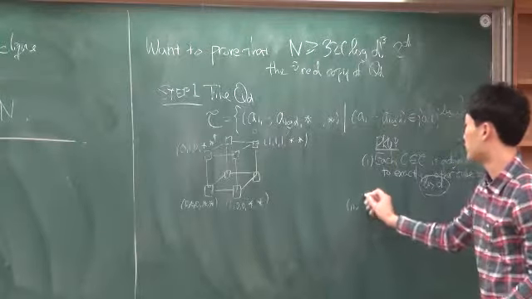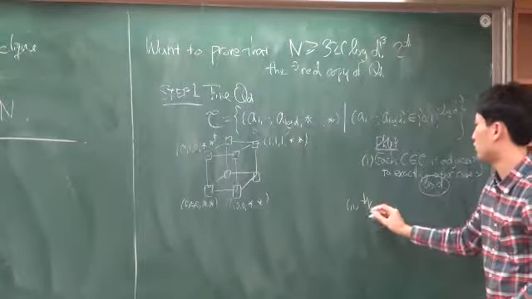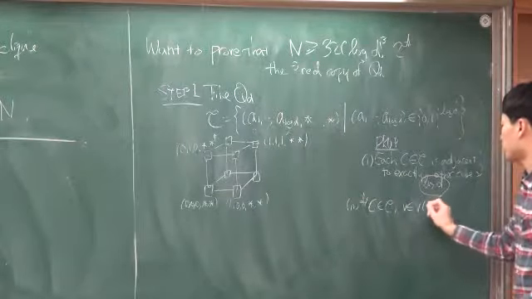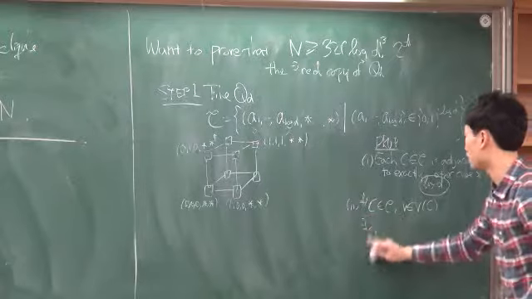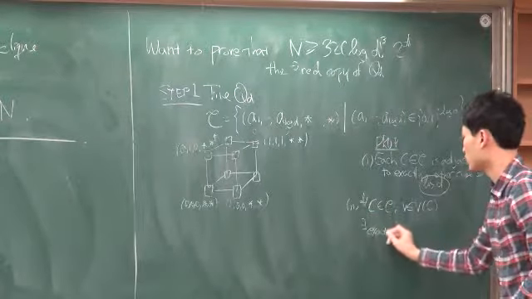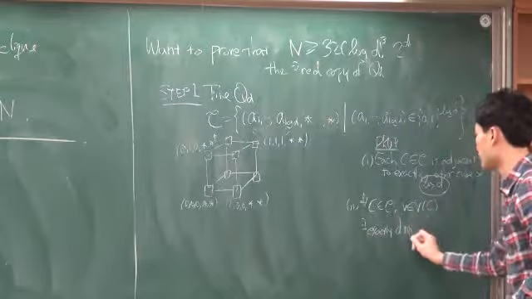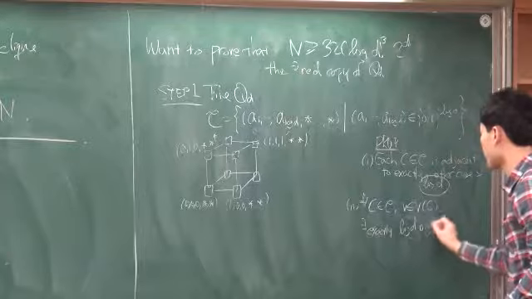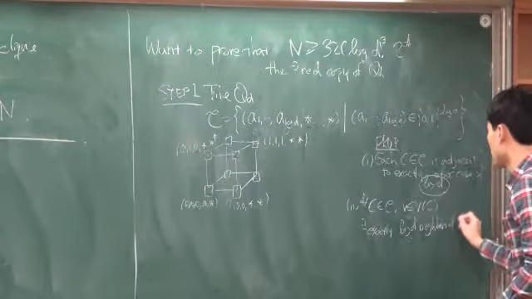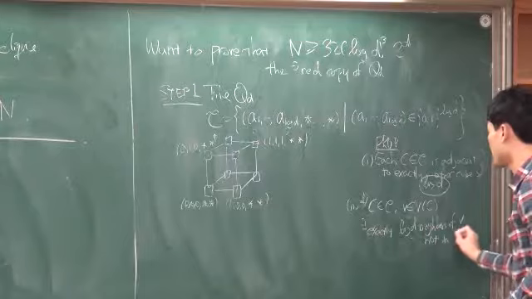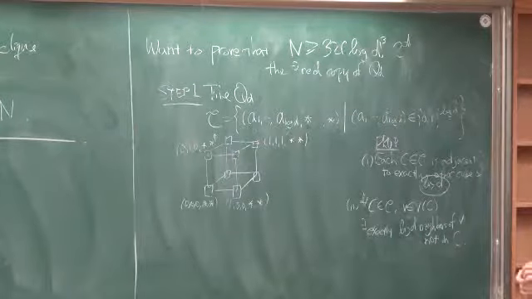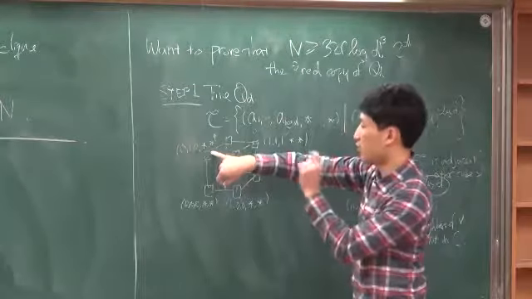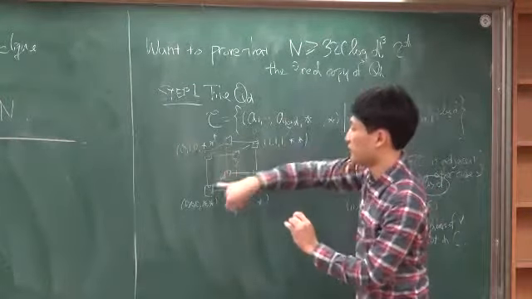Another observation is for all cubes C and all vertices v in this cube, there exist exactly log d neighbors of v not in C. So if you fix the vertex here, it has log d neighbors outside, each in the adjacent other cubes.